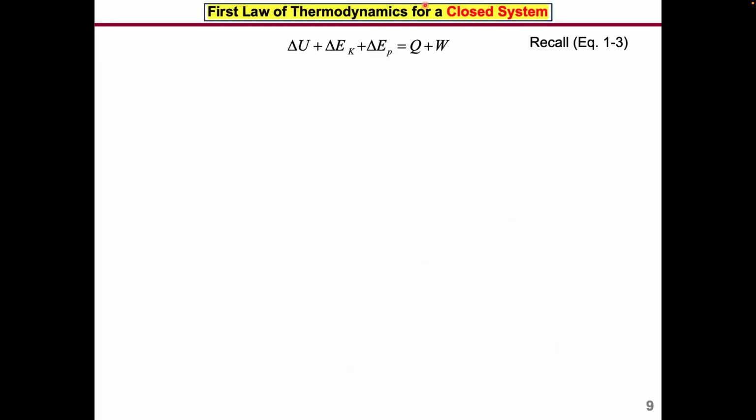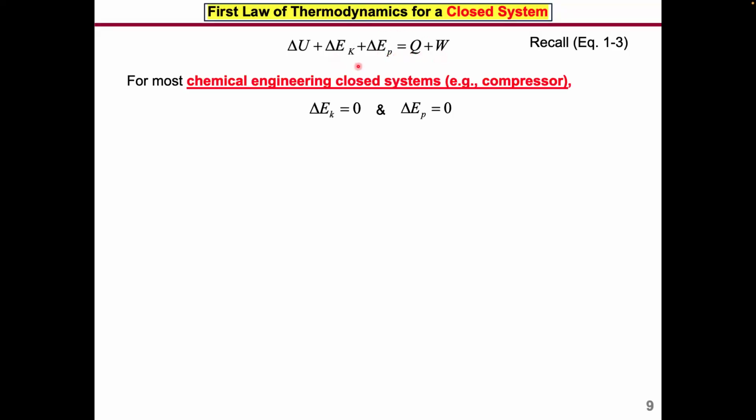coming back to the first law of thermodynamics, delta E, we can rewrite as delta U plus delta EK plus delta EP equals Q plus W, right? Now, for most chemical engineering closed systems, for example a compressor or boiler, the boiler is not moving as a whole, and usually it sits on the ground. So for most chemical engineering processes, delta EK is usually 0 and delta EP is usually 0.